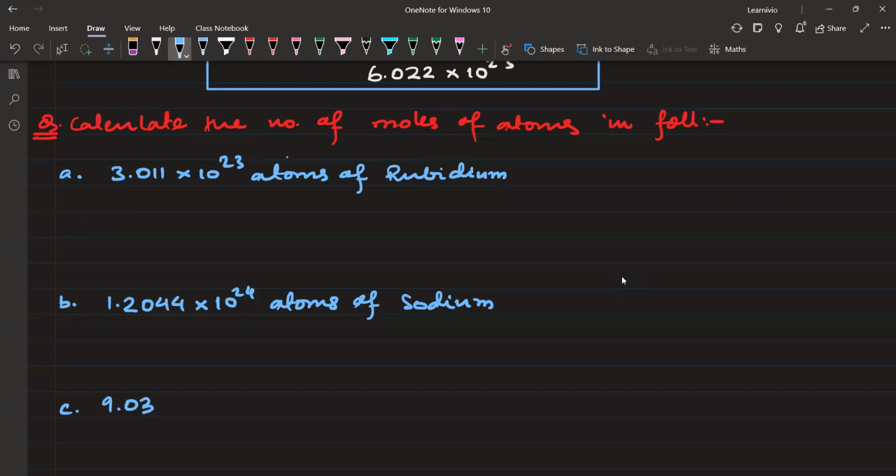C: 9.033 into 10 to the power 23 atoms of helium.